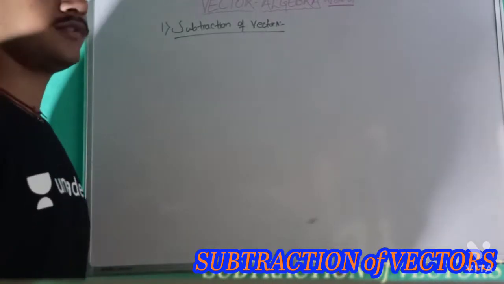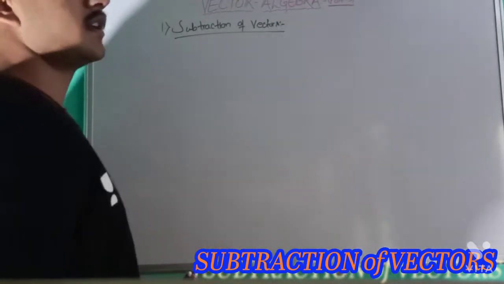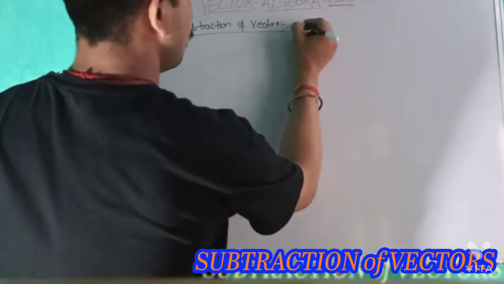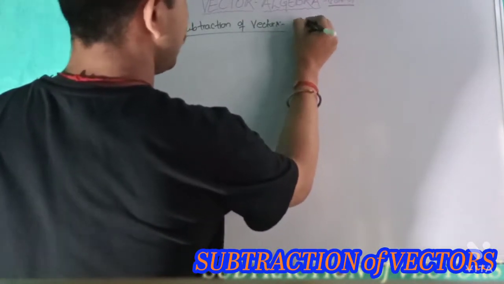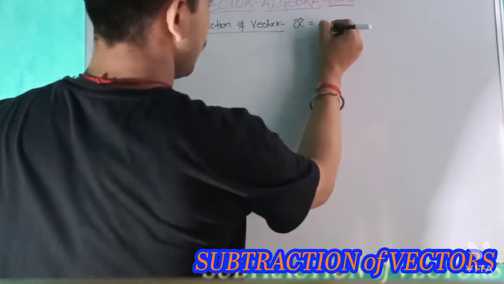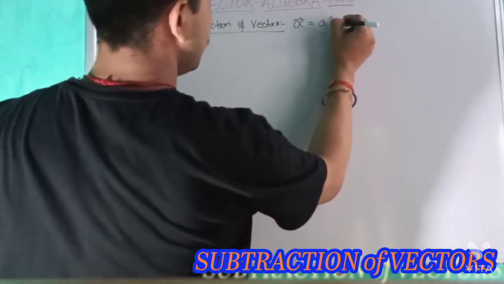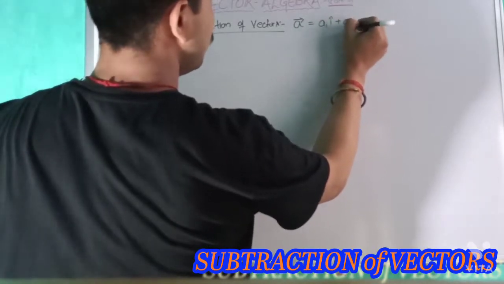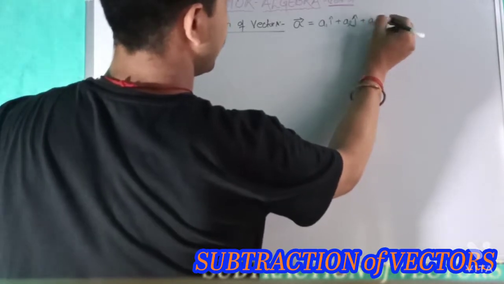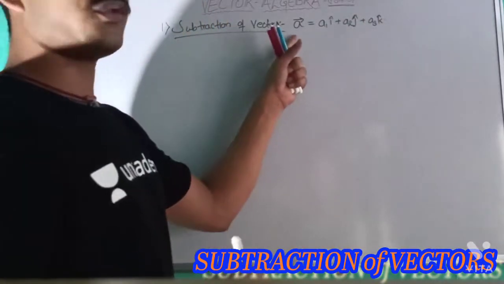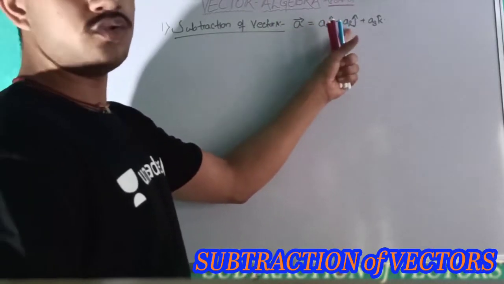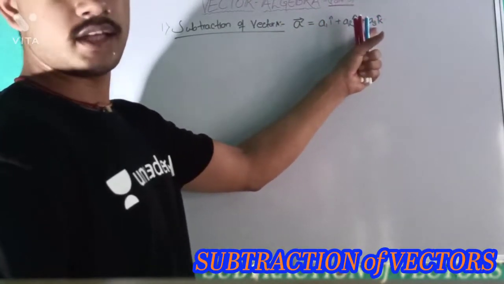So let's start with the first thing, that is taking two examples for this now. Like we can have two vectors. The first vector will be a vector having its components as a1 i cap plus a2 j cap plus a3 k cap. This is the first vector and its x component is a1, y component is a2, and z component is a3.